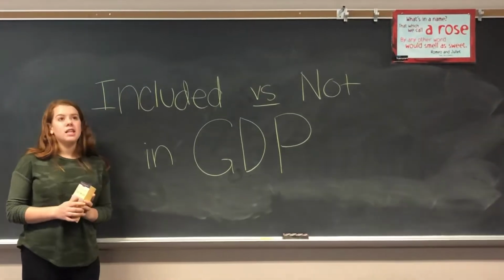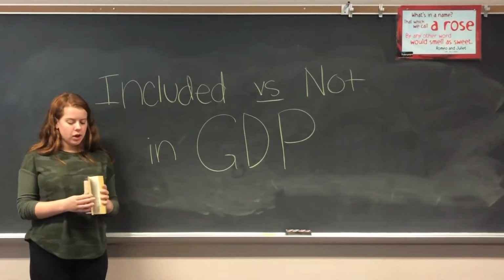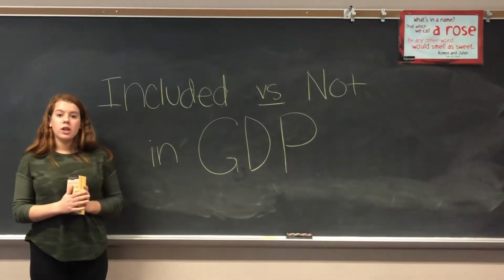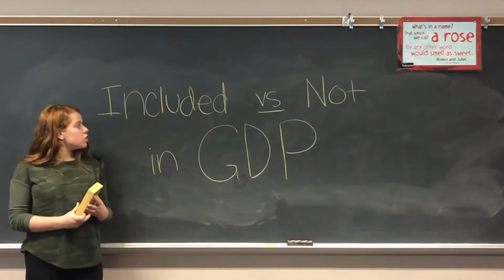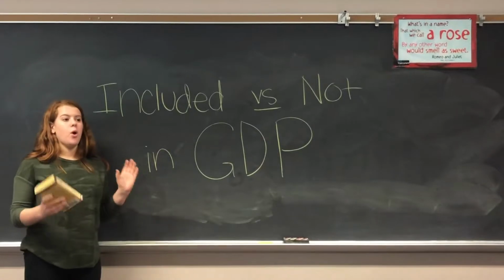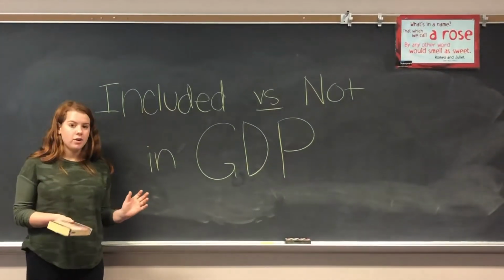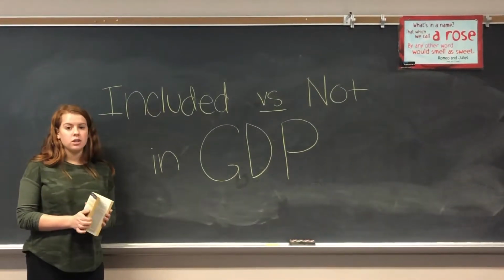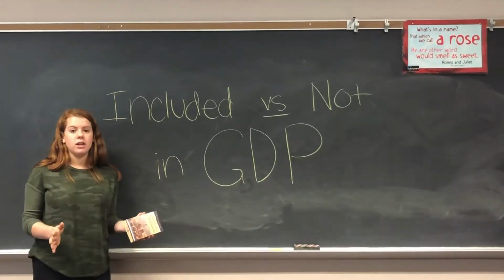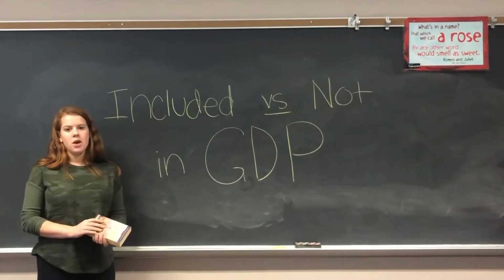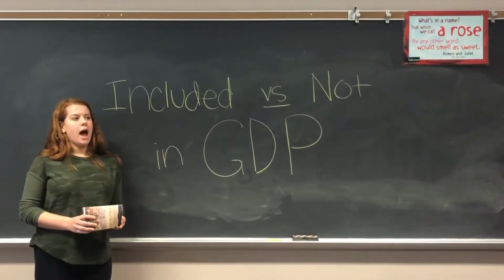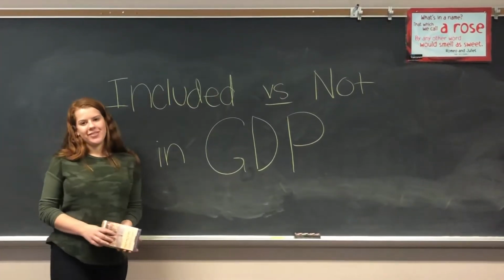But the intermediate goods that are going into making this book include maybe the paper or the ink that's put on the page and the printing press that goes into making it. So when we're calculating GDP, we're only going to calculate the cost of the final book because the intermediate costs are already included in the final cost. And if we included the intermediate and the final in calculating GDP, we'd be repeating and adding up more money than we needed to.